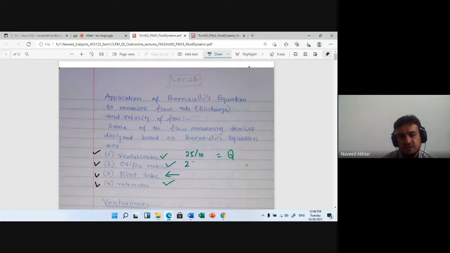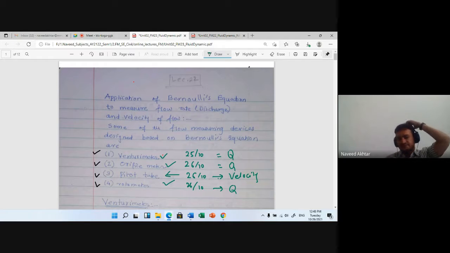The orifice meter we saw today is also measuring the discharge, and the pitot tube we also saw today is measuring the velocity of flow, and the rotameter directly gives the discharge of the fluid.